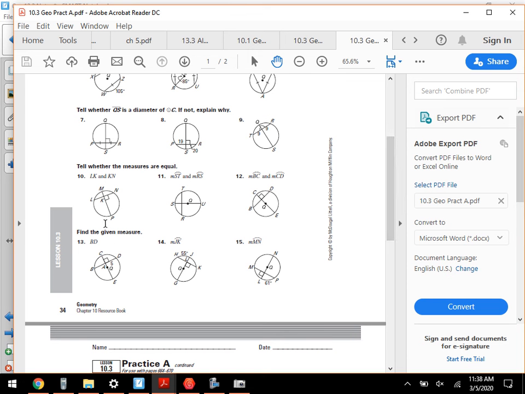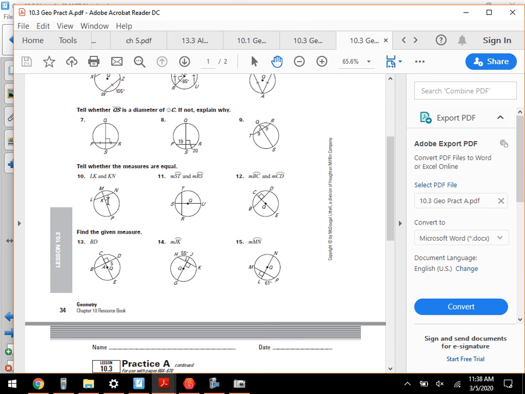Going into the next grouping, LK and KN. Is there any way to know that MP is a diameter? There's no way of knowing that. You'd have to have a dot somewhere in there to show that it went through the center. So there's no way to tell if those two segments would be equal. But what about ST and RS? We have a diameter, but does it say it's perpendicular on 11?